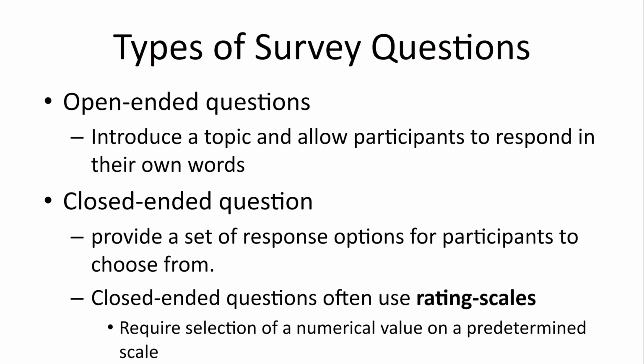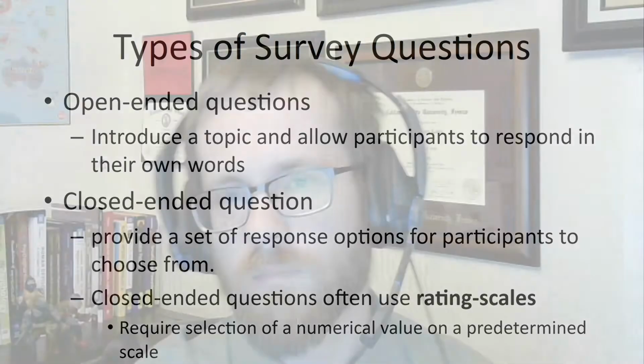But as I already mentioned, then you have that response option bias to deal with. So there's costs and benefits to both of these. I recommend using both of them when it comes to doing your own survey, but close-ended questions should be the majority. Those are the ones that you're going to find much easier to analyze and to meaningfully test your hypothesis.